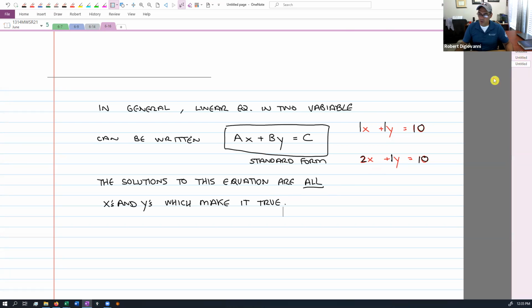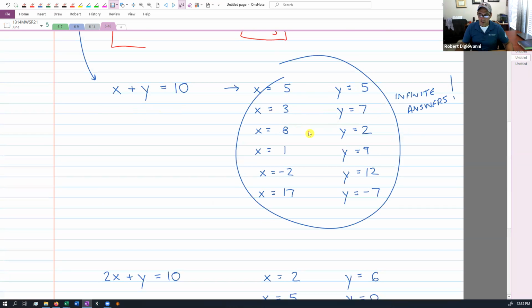That's what we were doing when we were listing out these X's and Y's. The solutions to this equation are all of the X's and Y's that make this true.